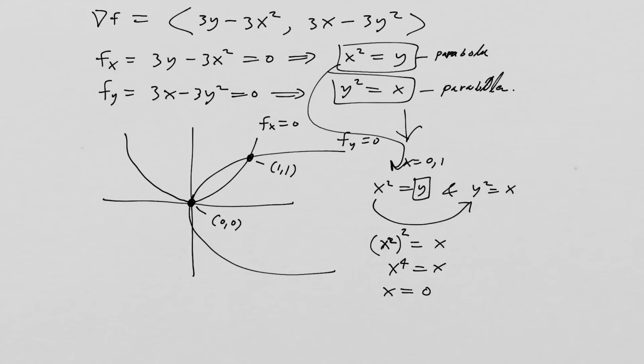That's going to be 0, and that's going to be 1, and then that's going to be -1 as well. So -1 would, well, no, sorry, that wouldn't do it. It would only be 0 and 1 that would do it, right? And of course, from here, you'd find out that y would be 0 and 1 as well. So then you just have to look at all the combinations and check them to make sure they work. Okay, so we found those 2 points.